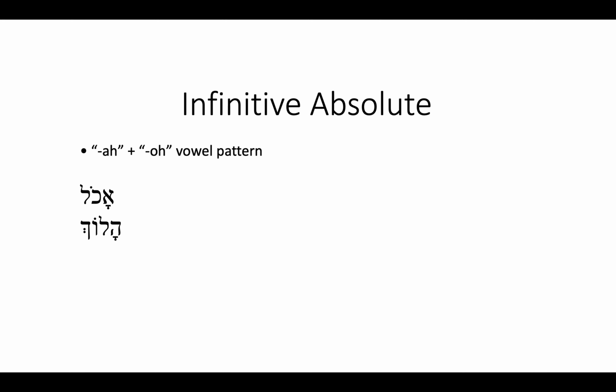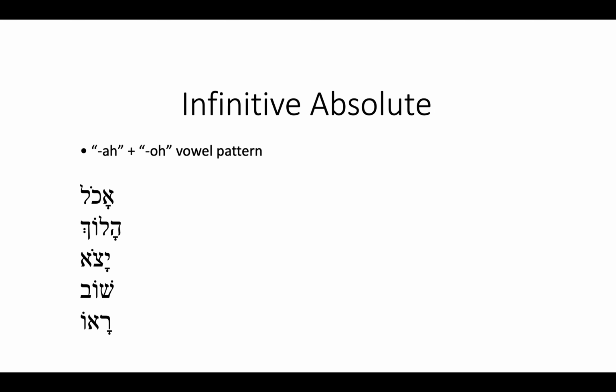Just as examples, we have achol, eating; halokh, walking; yatso, going out; and shov, which doesn't have the A but it's middle weak. It does retain the O, so we have returning.